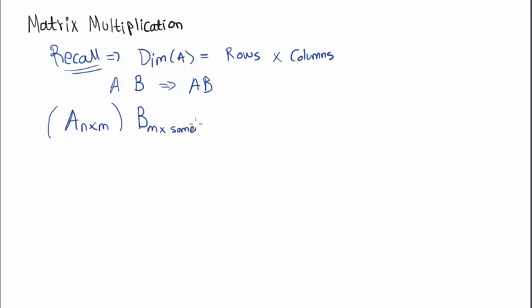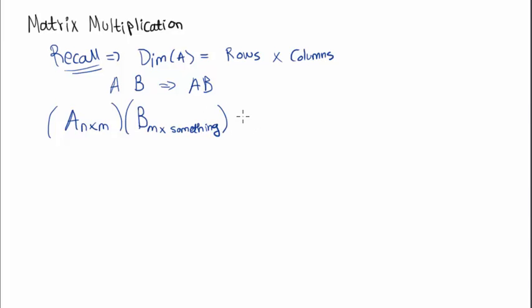Okay? Now, it's not as simple as just reversing the rows and columns right here. So the dimension of B would be m by n. Well, it could be n, it does not have to be n, but generally it's just any number. The main important thing is that the number of columns of the A matrix must equal the number of rows in the B matrix.